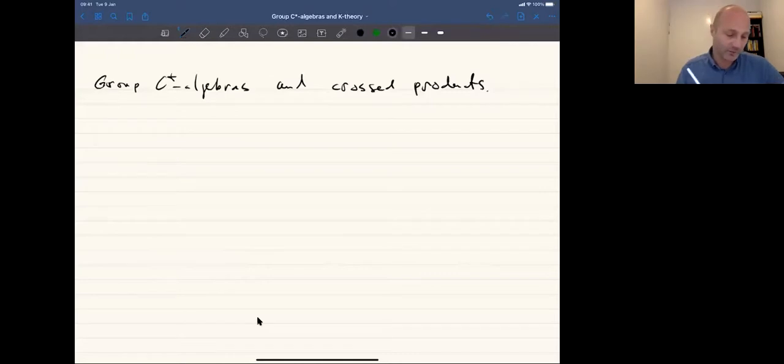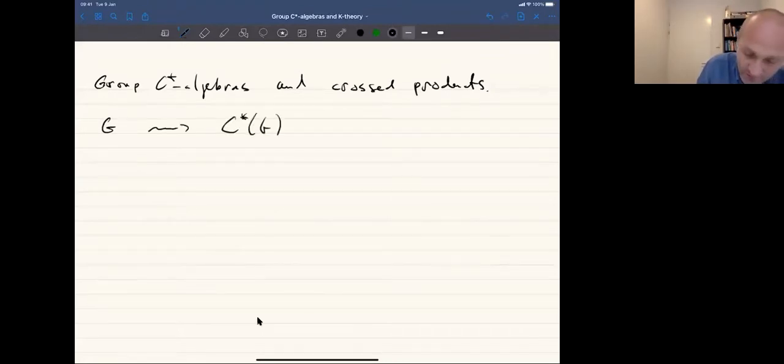And then I will associate to a locally compact group G two objects called the full and reduced C-star algebras, which depend on the topology of the group and some other things.